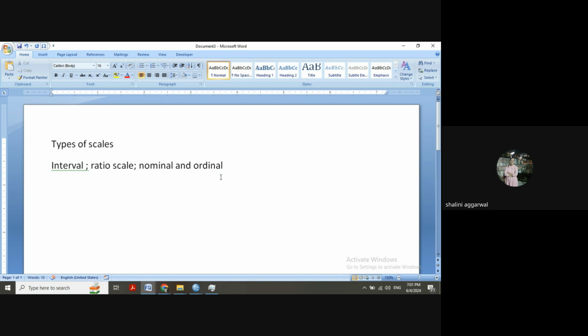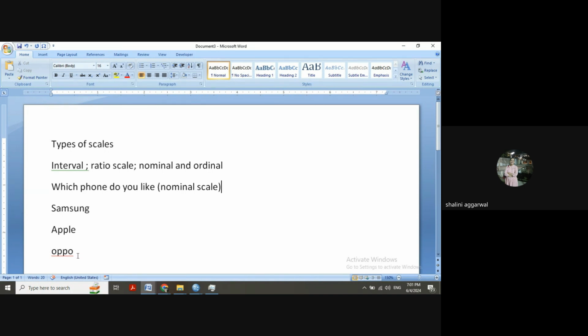You remember this now? Nominal scale, I gave an example like which phone do you like? Like Samsung, Apple, Oppo, right? So this is an example of a nominal scale. What is ordinal scale?